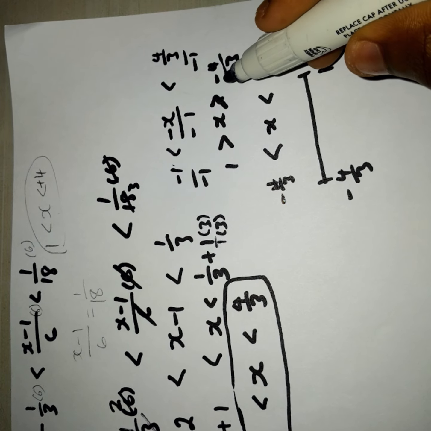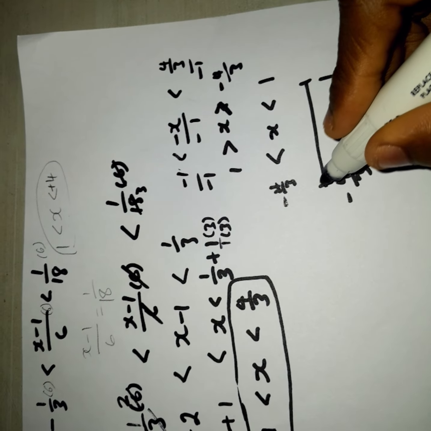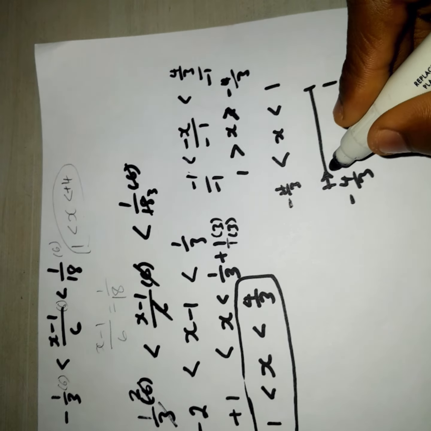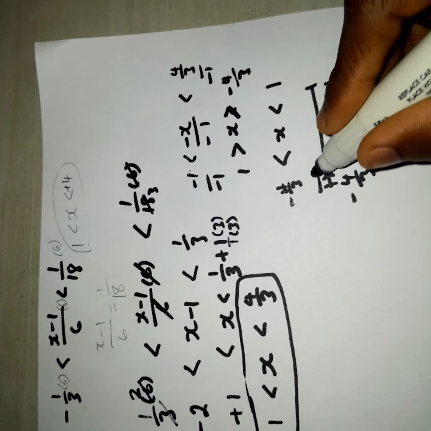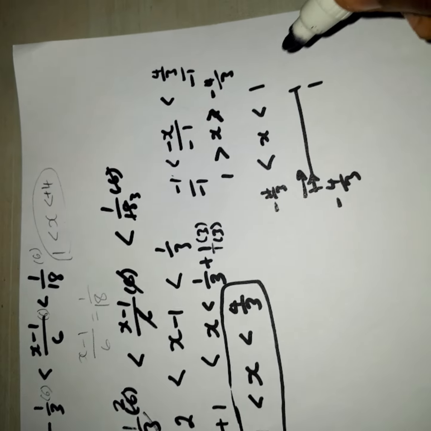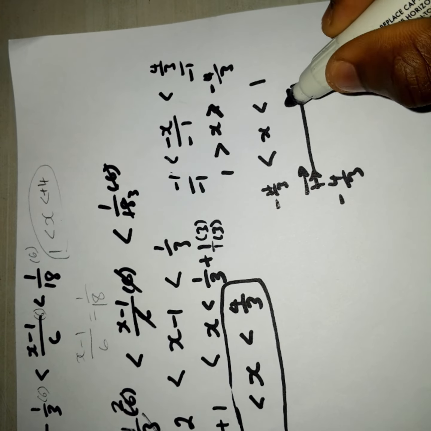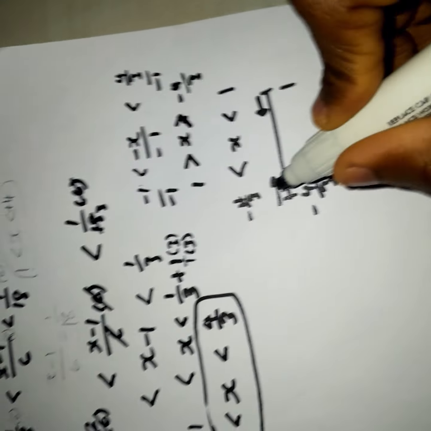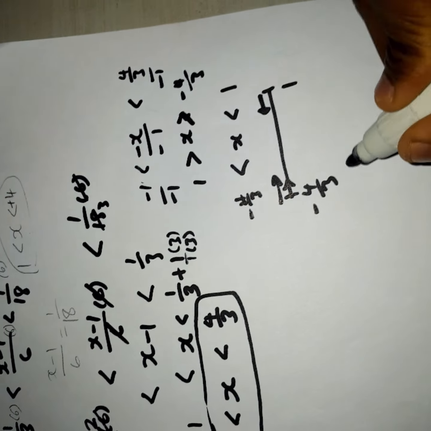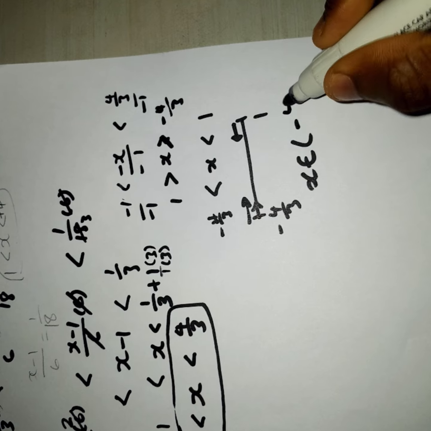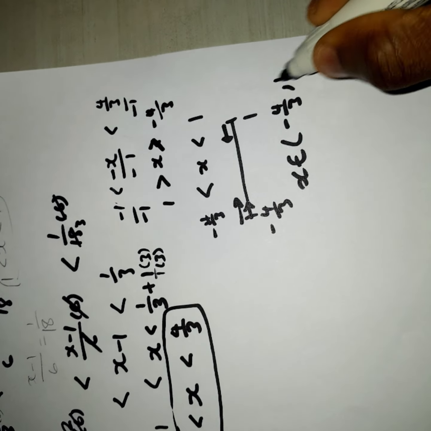X is greater than -4/3, which is here going there, which is greater than, it must go towards the right, and this one, it was gonna be less than 1. It was gonna be in the middle here, which is x, an element of real numbers from -4/3 and 1.